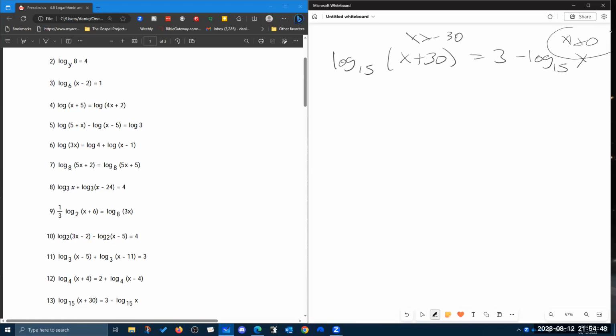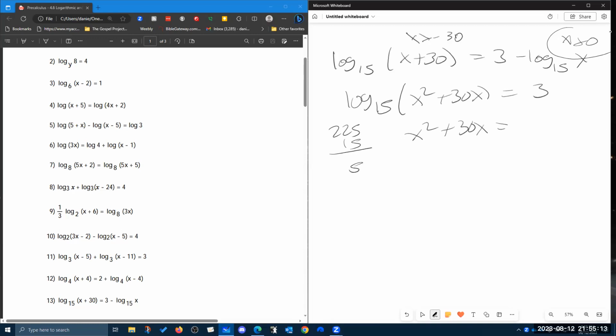So log base 15 of (x squared plus 30x) equals 3. X squared plus 30x equals 15 to the third. So that's 225 times another 15.